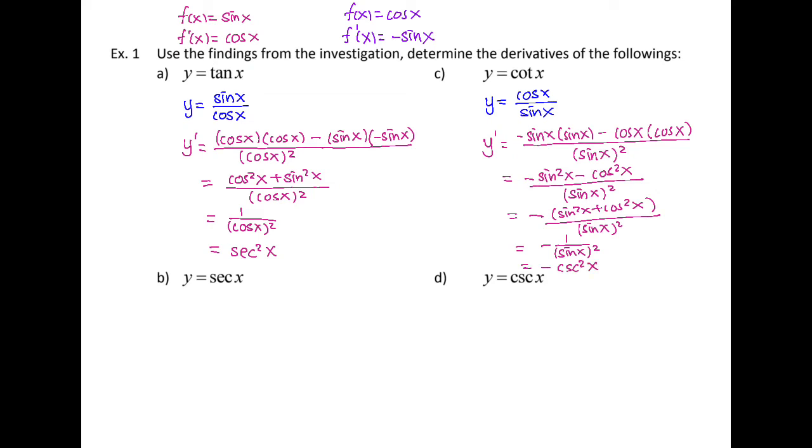Next, we're going to derive the rules for secant. Secant is 1 over cosine, so I can write it as cos x to the exponent negative 1 and use the chain rule to derive it. It will be easier. So y prime will become negative cos x to the power negative 2, times the differentiation of the base, so the differentiation of cosine will become negative sine.